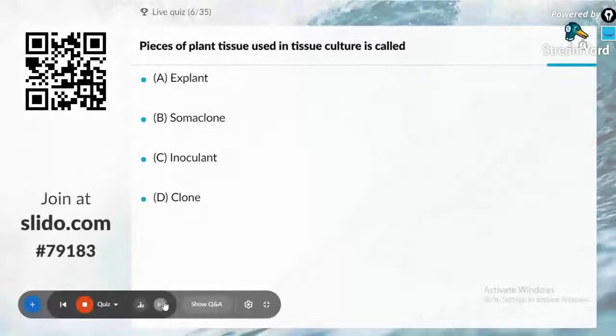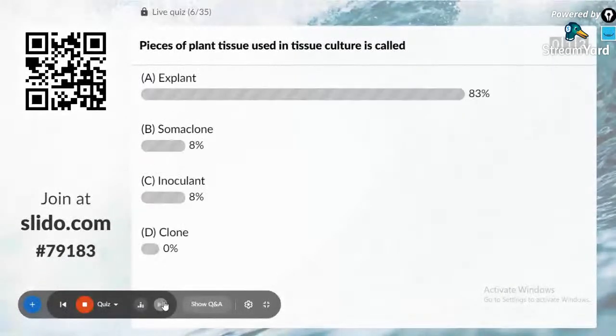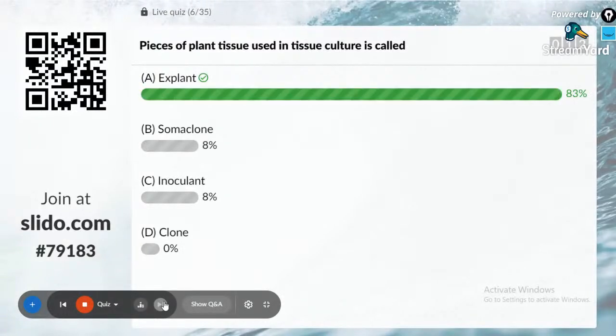We have completed only 6 questions, more than 25 questions remaining. Guys, it is explant. It is not inoculant and not somaclone. Somaclone means the offspring formed as a result of vegetative propagation, which will look alike. In asexual reproduction, we call it a clone. Inoculum we add for the curdling of milk, right?